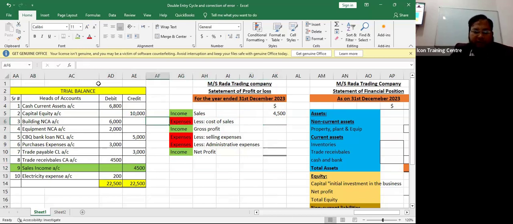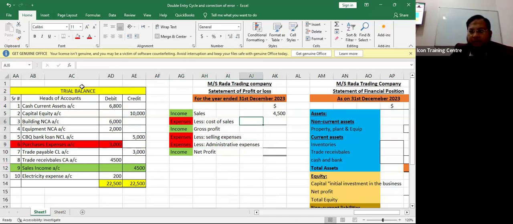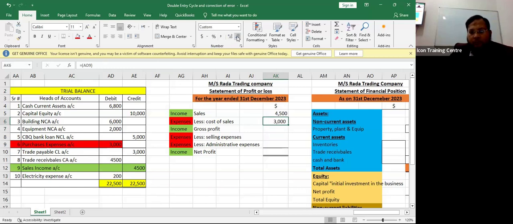So far we have only purchases, right? So we assume it as our expense. And the amount is how much? 3,000. But I will always write it in brackets because we have to subtract it, right? Okay, so you always have to subtract it. So sales minus cost of sales, you are left with gross profit.